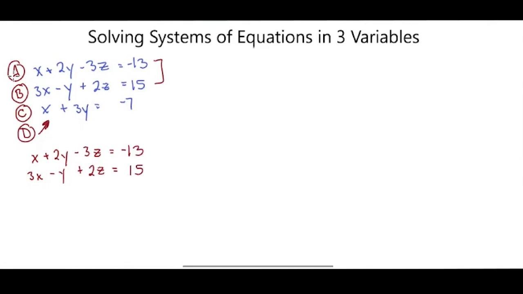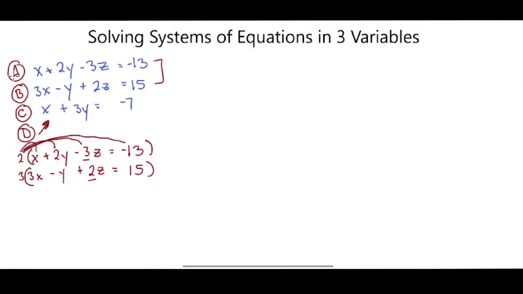Now I'm going to want to cancel my z's. So the way we do this is I'm going to multiply both equations. The top equation, I'm going to multiply by 2, because it's 2 down here. And then the bottom equation, I'm going to multiply by 3. Not negative 3, because I want them to still be opposite in the end so I can cancel the z terms. So I'm going to multiply the entire top equation by 2.